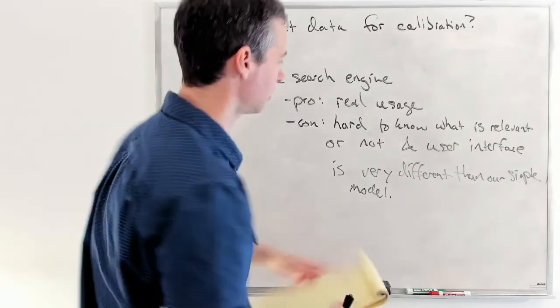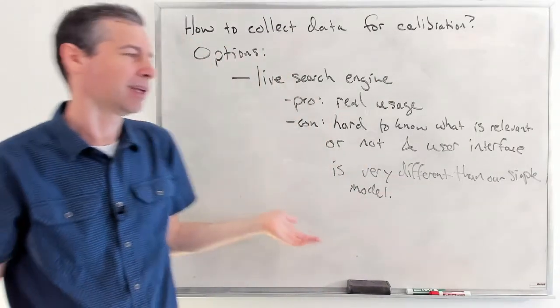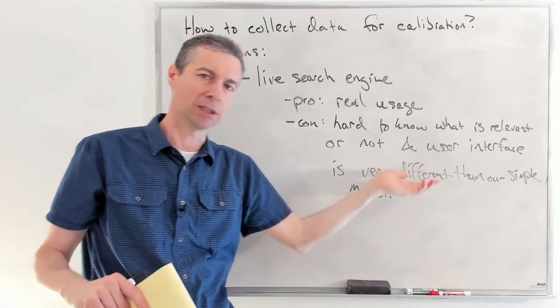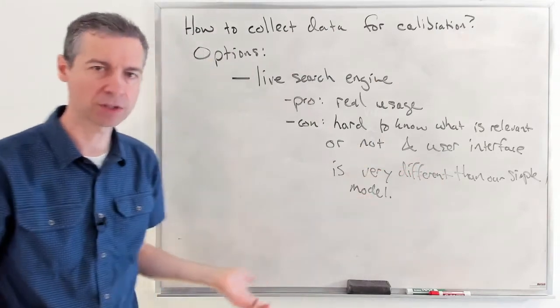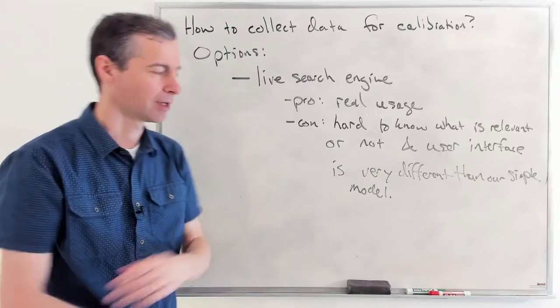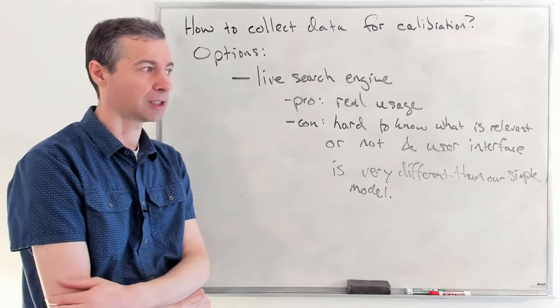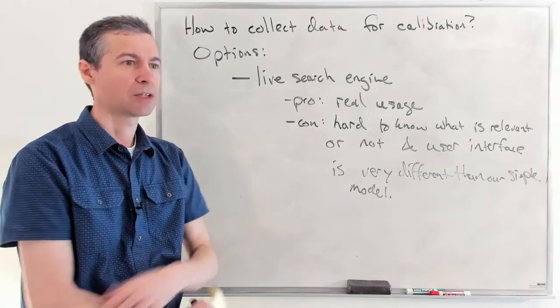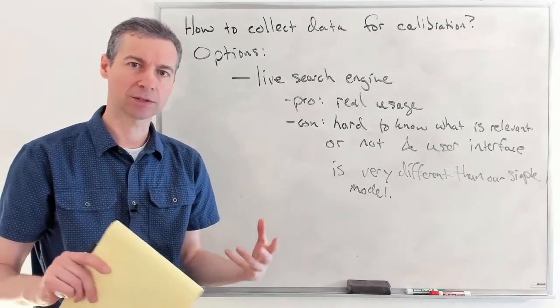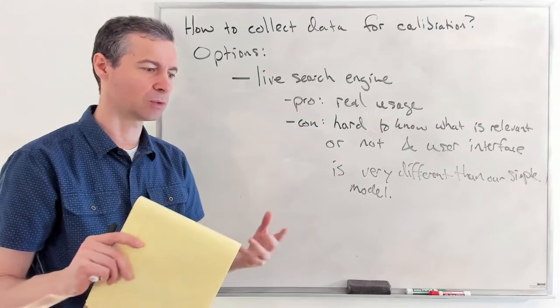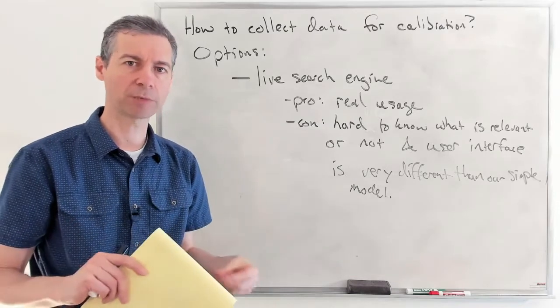So now you might say, well, wait a minute. That's a problem with our model. The live search engine is what the live search engine is. That's absolutely true. But you've got a balance here, between what's going on when you calibrate.